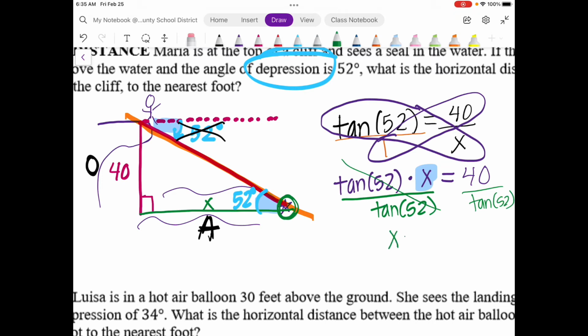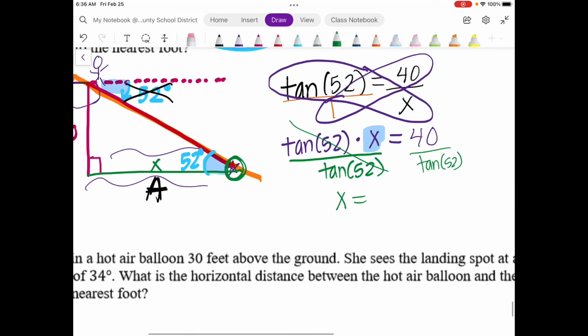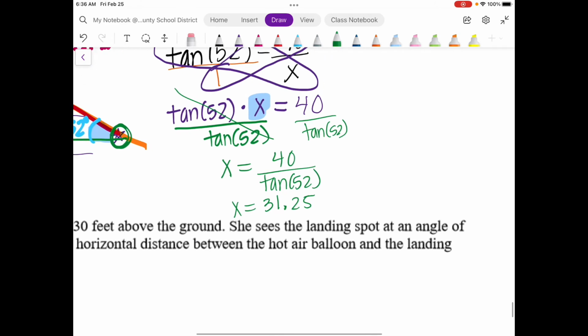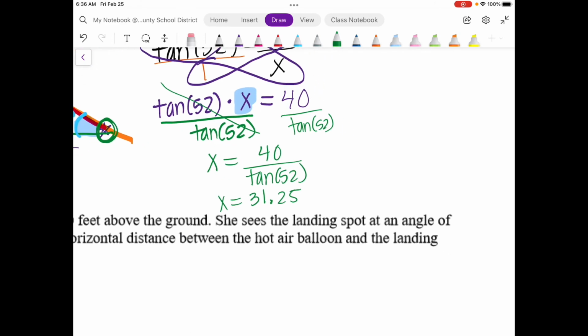So we end up with x equals, and we don't have to rewrite this. You can just go straight into the calculator answer. But when you do put this in the calculator, you should end up with x equals 31.25. So again, if it doesn't specify what to round it to, you can just go with 31 feet or 31.3.